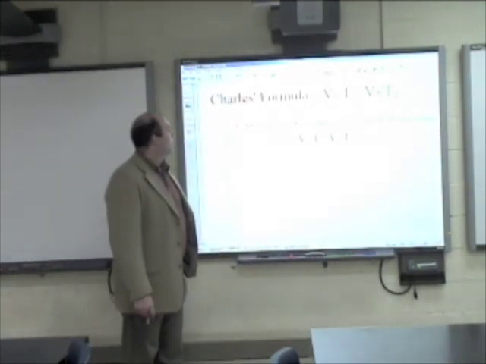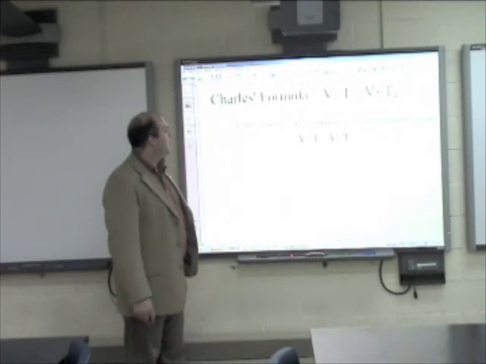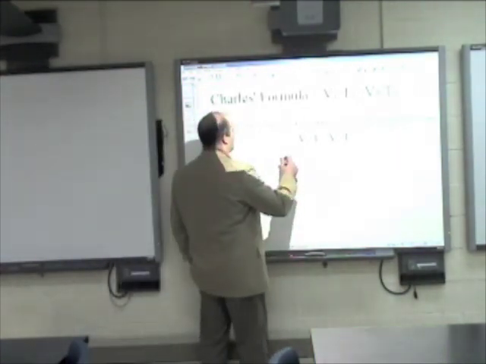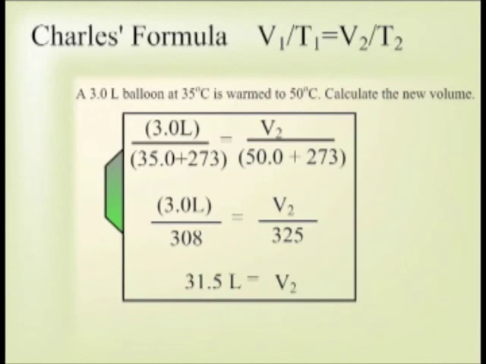So, if we look at the answer for this, a 3-liter balloon at 35 degrees Celsius. So V1 is going to be 3.0 liters. Our temperature is currently in degrees Celsius, so 35 plus 273 Kelvin, and the new volume, which I'm looking for, is all over the new temperature, which is 50 degrees Celsius.